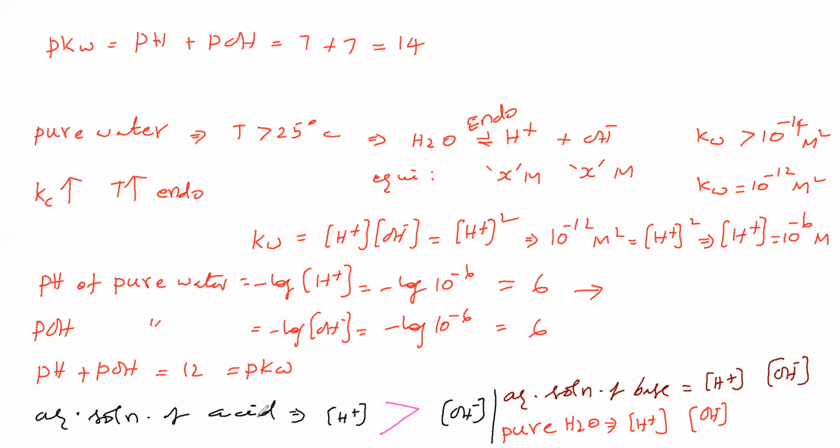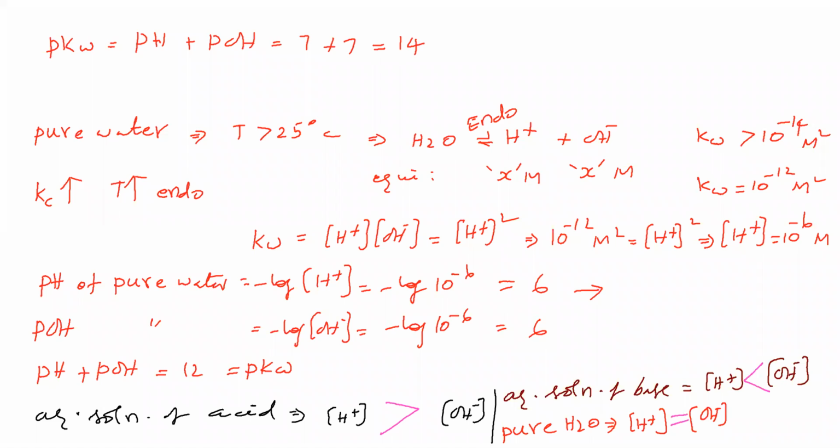A basic solution means in that, the concentration of H plus will be less than the concentration of OH minus at whatever the temperature. Pure water is always neutral at whatever the temperature, therefore the concentration of H plus is always equal to the concentration of OH minus.